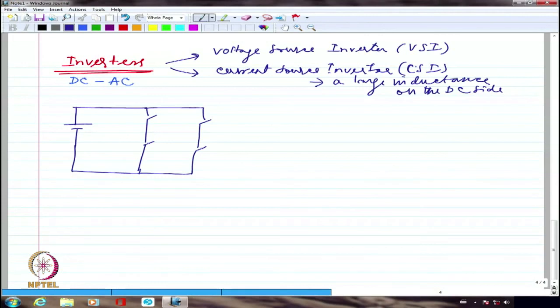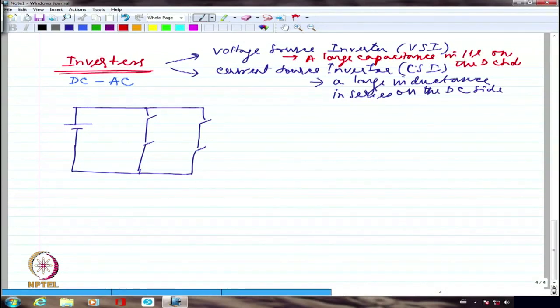I don't want an oscillating voltage; I want a steady voltage. So if I want a steady voltage, I have to put a big capacitor in parallel. So here, a large inductance in series on the DC side, whereas here, a large capacitance in parallel on the DC side.